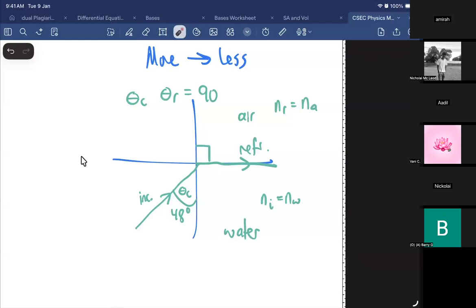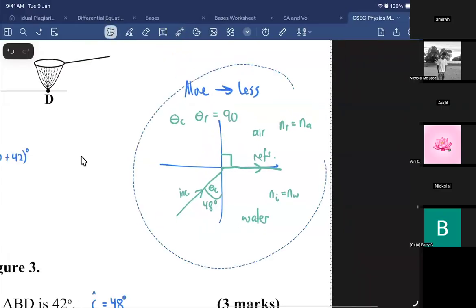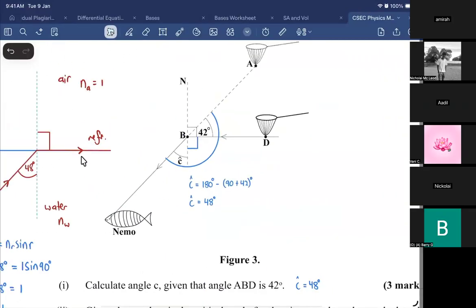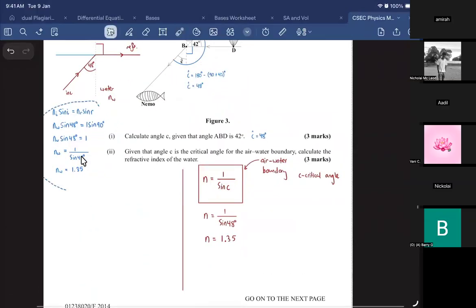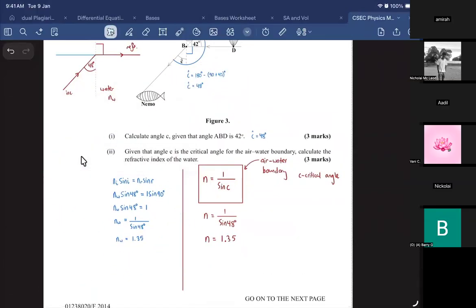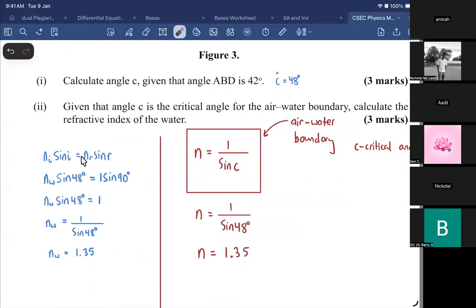And from there, you just use ni sin i is equal to nr sin r, and you make nw the subject of the formula. Understand? Yep. Great. Don't worry about this diagram. It's kind of confusing. Cool. And if you remember the shortcut, just use the shortcut. n is equal to 1 over sin C. You get your answer one time.